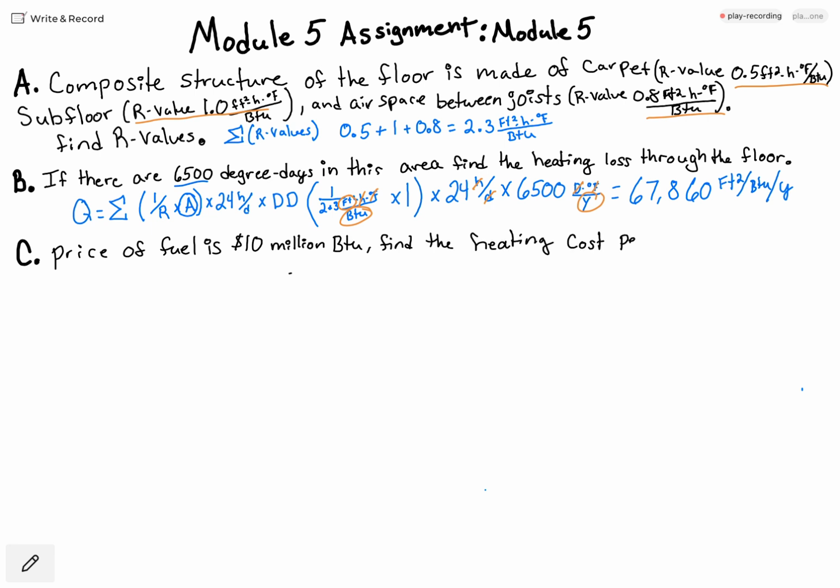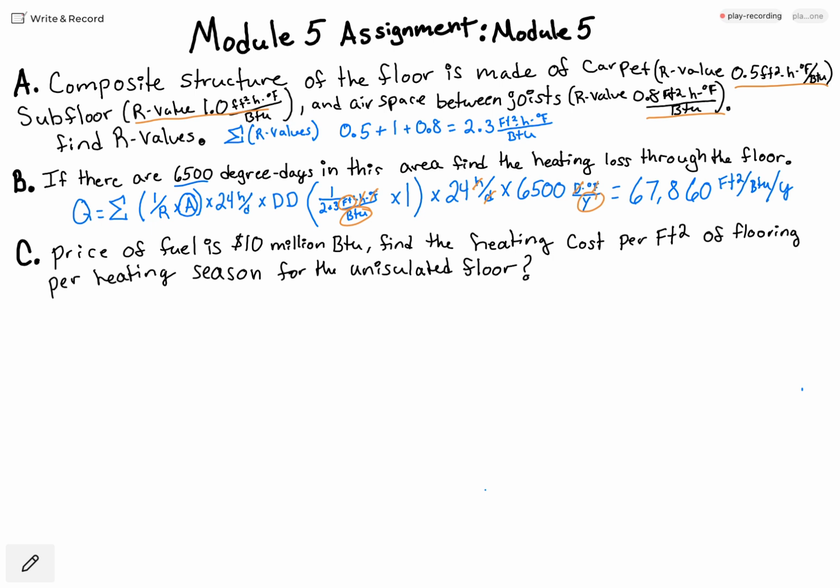That brings me to the next part, which is to figure out the price of the fuel. If the price of the fuel is $10 per million BTUs, find the heating cost per square foot of flooring for the heating season in the uninsulated floor. Knowing that a million BTUs cost $10, I can take my number from B and divide it by a million BTUs.